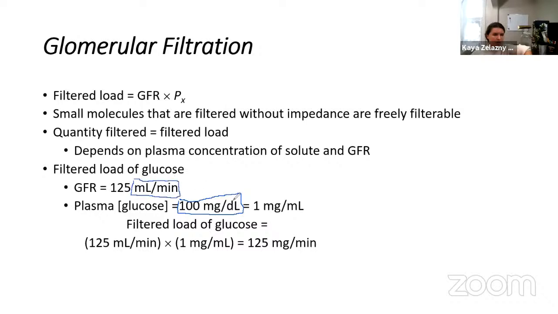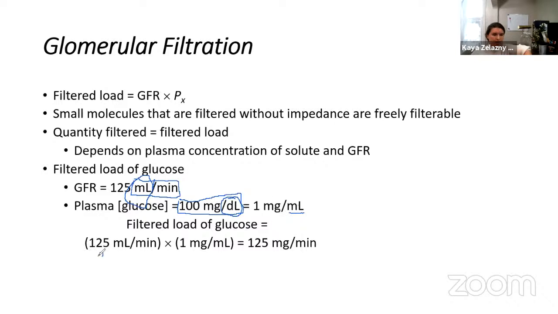We don't want deciliters and milliliters; we can't multiply together different units like that. So we convert our 100 milligrams per deciliter for glucose concentration into milligrams per milliliter, because that's how we have our GFR rate. Then we multiply that.